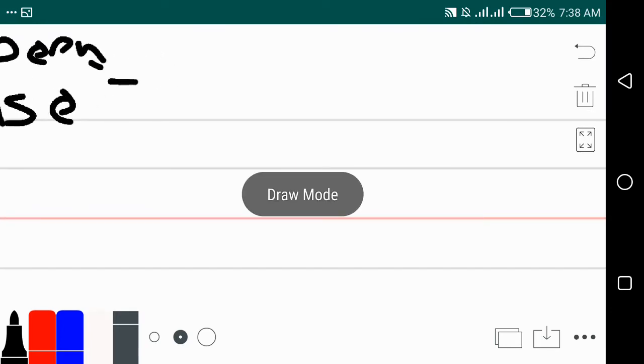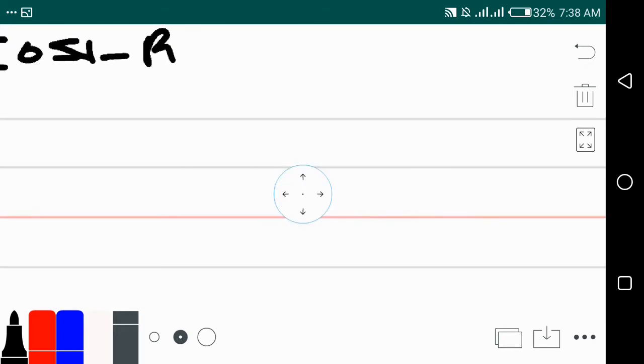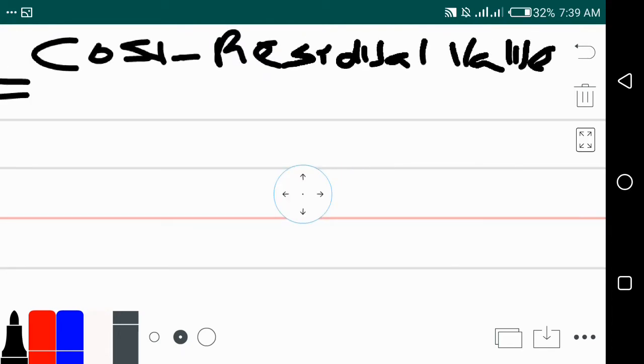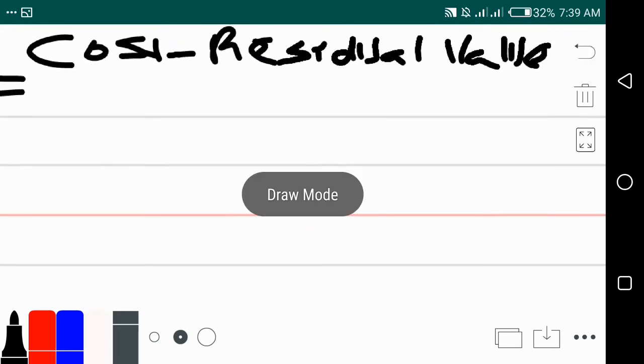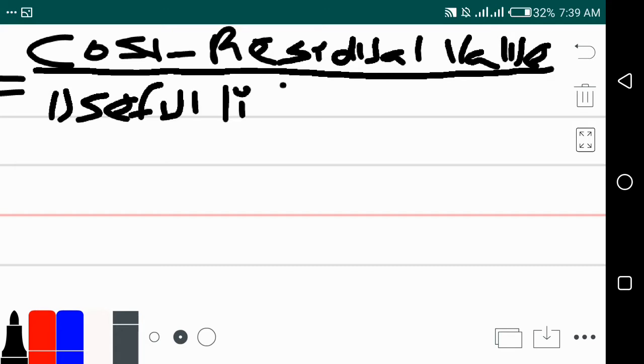Annual depreciation expense is equals to the cost minus residual value divided by useful life in years.